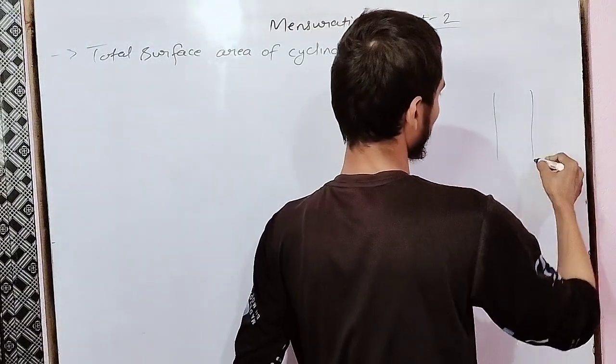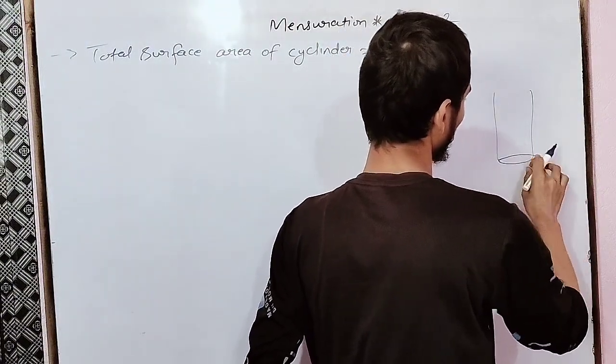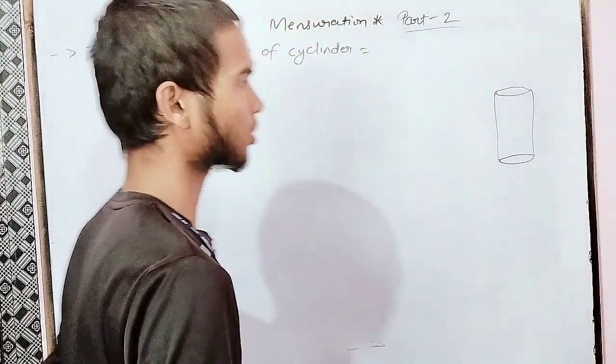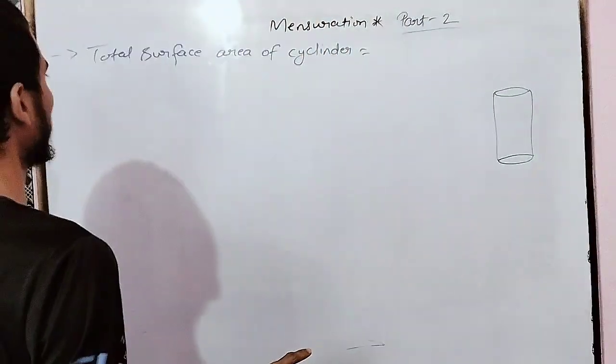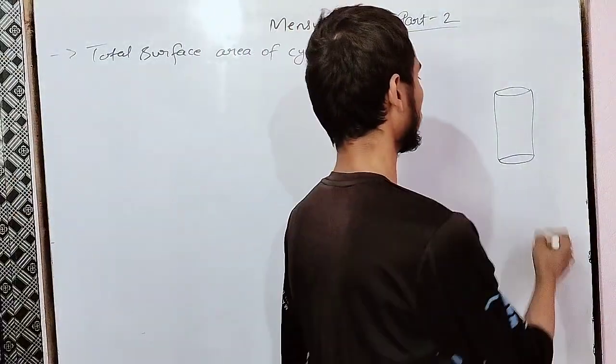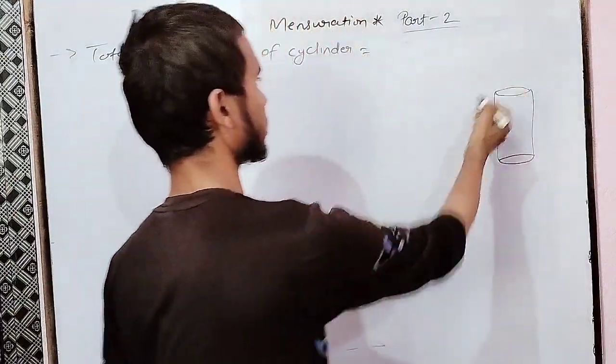This is the shape of a cylinder in which there are two circular faces. So this is one, this is the second.